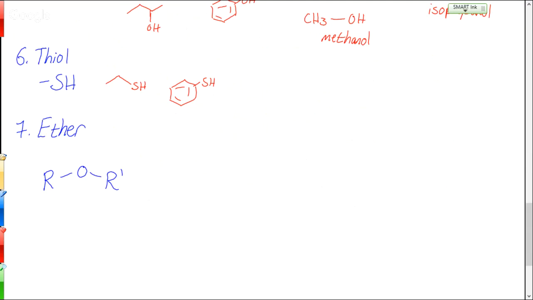So R. There is no element R. It's kind of like a wild card. It's just saying something with carbon in it. Some kind of carbon-based something. And if you want to talk about different carbon-based somethings, you use the little prime or apostrophe. So this says you've got some carbon stuff on one side, you've got some carbon stuff on the other side of the O, but it doesn't necessarily have to be the same stuff.